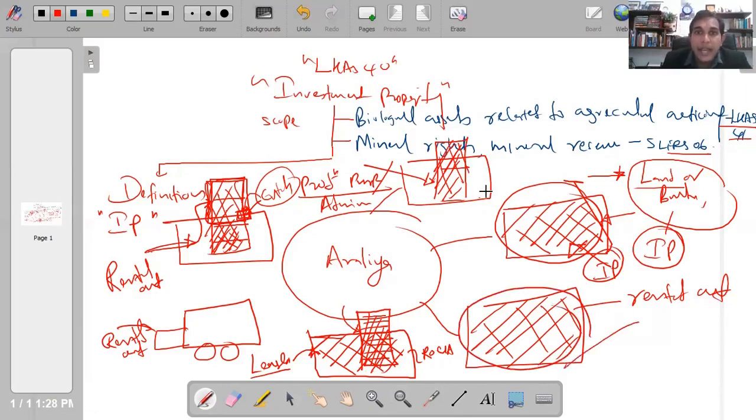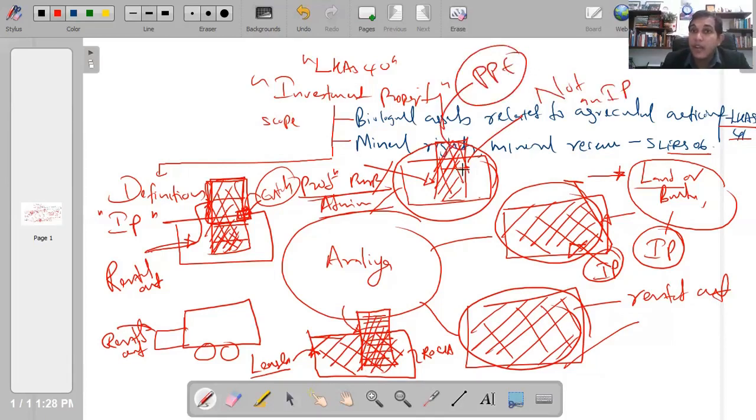Then this land and building the entity used for production and administrative purposes. This cannot be used as investment property. This could be identified as property, plant and equipment. Why? We are not earning rentals from this.